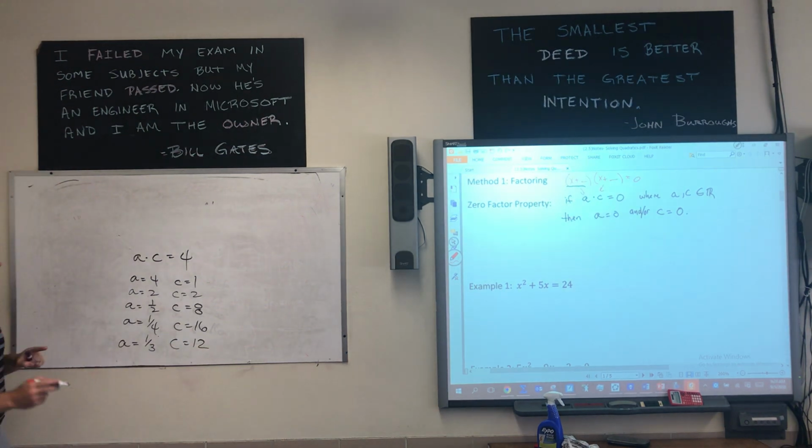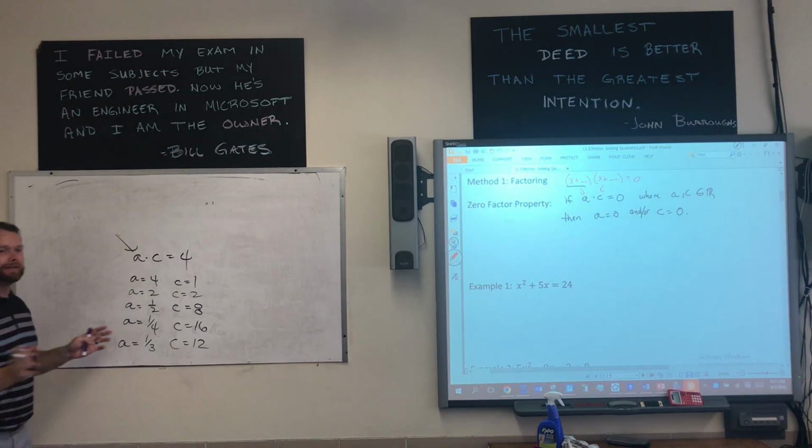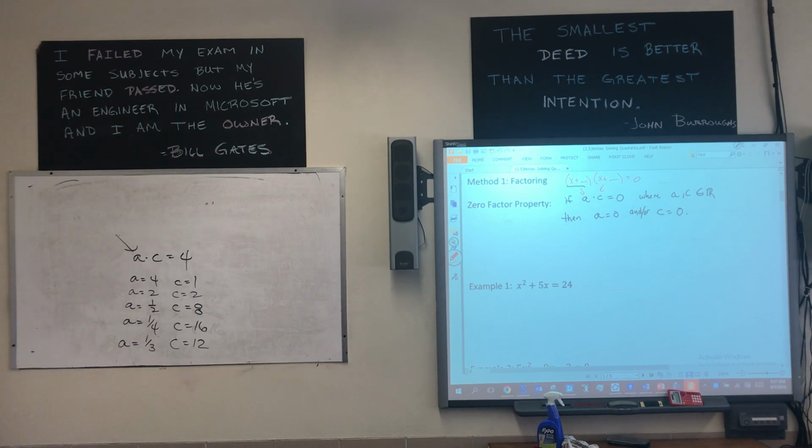So you can say, I'm going to let that number be anything I want it to be, then divide both sides by that number, and it gives you what C could be, right? And you can see that we can play that game forever, and we have an infinite number of options for what A and C are. So we cannot narrow down what our two solutions would be if it was something like x plus 3 times x minus 4 equals 4.